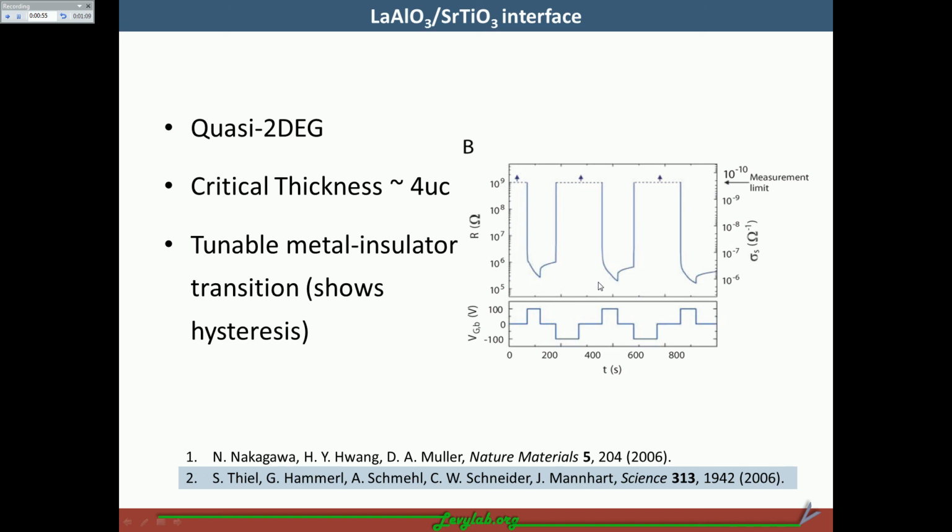So when a positive backgate bias is applied, the interface becomes conductive, and when the bias is turned off, it stays conductive. And then when a negative backgate voltage is applied, we see the interface go away.